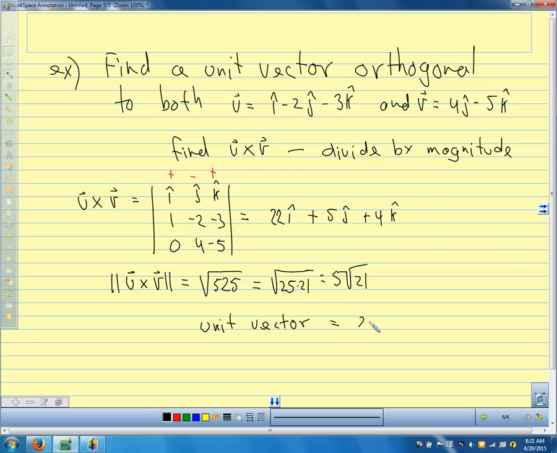So we get 22 over 5 square root 21 i hat plus, when I divide by 5 square root 21, I just get 1 over square root 21 j hat plus 4 over 5 square root 21 k hat.